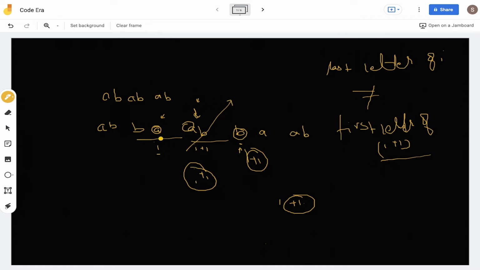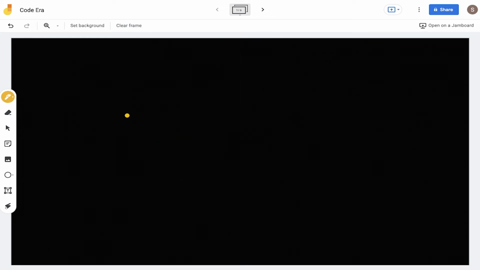And there might be a case where a bigram is missing from in between, but we cannot find it. So in that case, let's take one case, AAA. Its bigrams are AA, AA. Let's take 4 A's. Its bigrams are AA, 3 times.